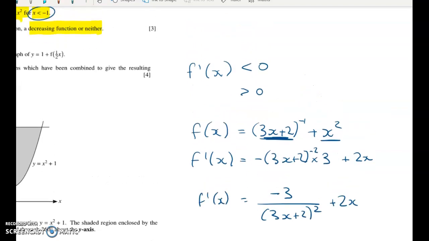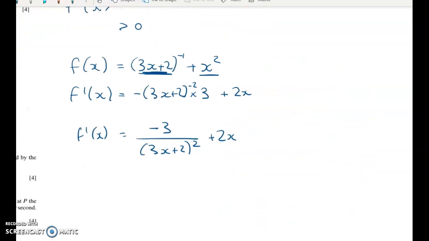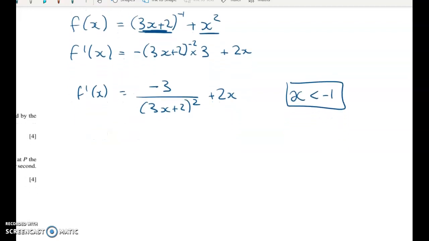Important to remember here that x is less than -1. So why does that help me? Well, it helps me because (3x plus 2) squared is always going to be greater than or equal to 0. And that means that -3 over (3x plus 2) squared is always going to be negative, right?